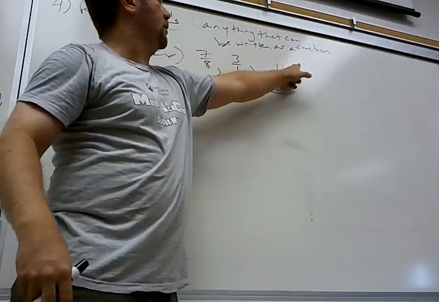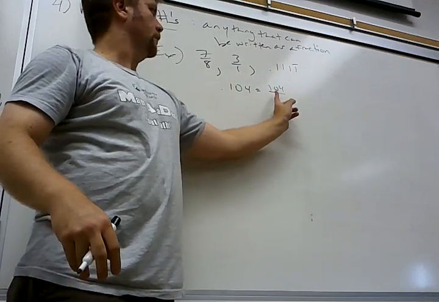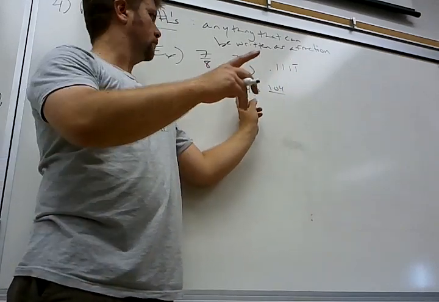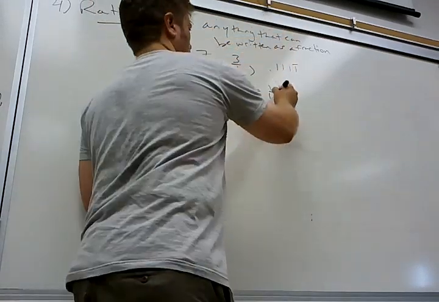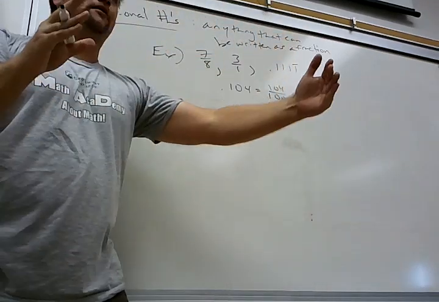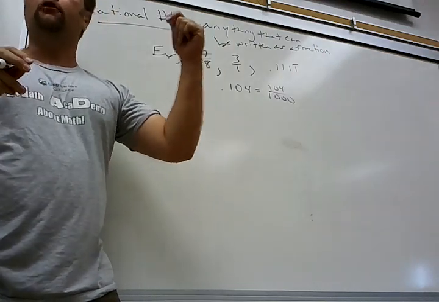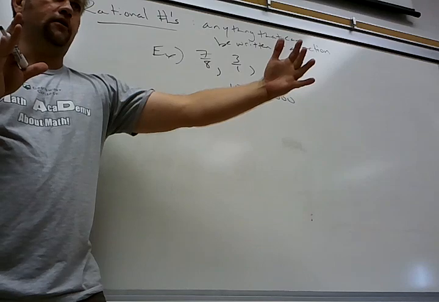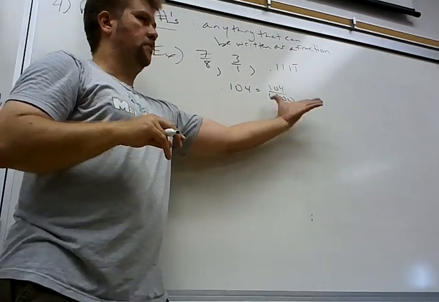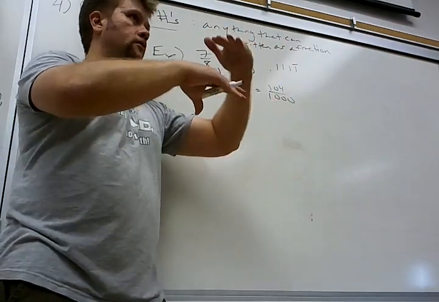We'll get back to that. That means repeating, right? 104 out of what now? Tenths, hundreds, thousands. I love it, right? So any decimal that stops is automatically rational. You just have more and more zeros on the bottom. If it stopped further out, the bottom would have been a bigger number, but it would have still been a fraction.